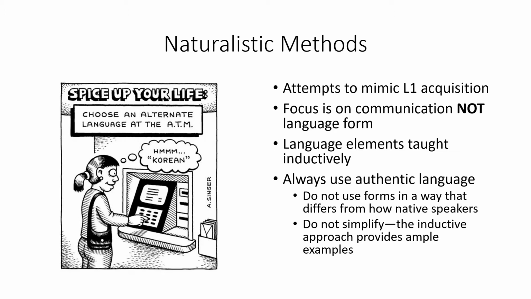They are what they are, and the goal is to provide enough examples so that the student can deduce the meaning and figure out how the construction works on their own. But you don't simplify it. You don't change the word order in English. You don't try to make irregular verbs regular. You present them the way they are actually used.